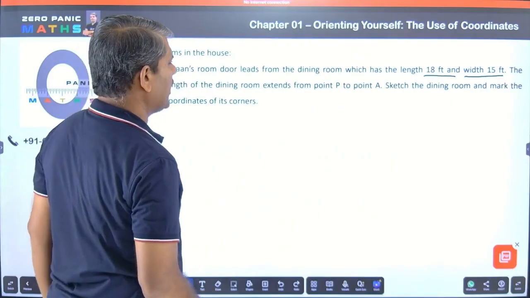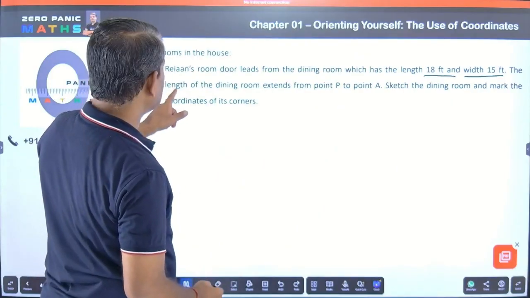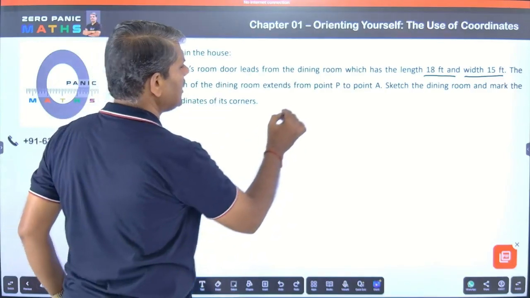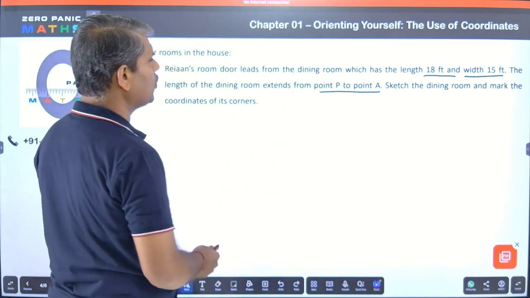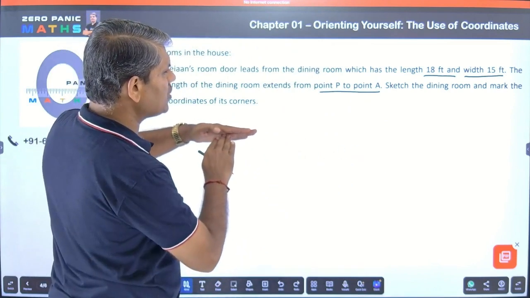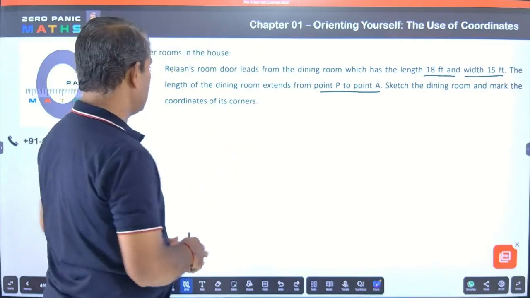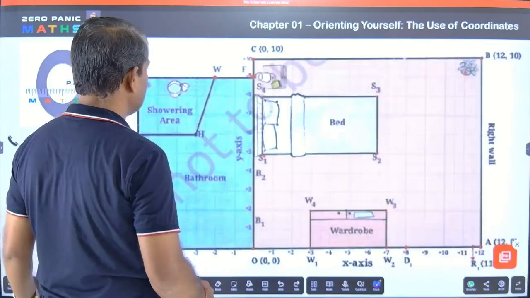They are saying the length of the dining room extends from point P to point A, and it is actually attached to the bedroom.